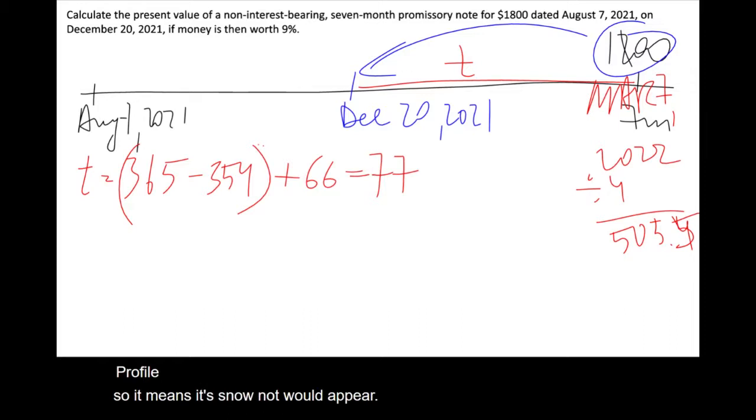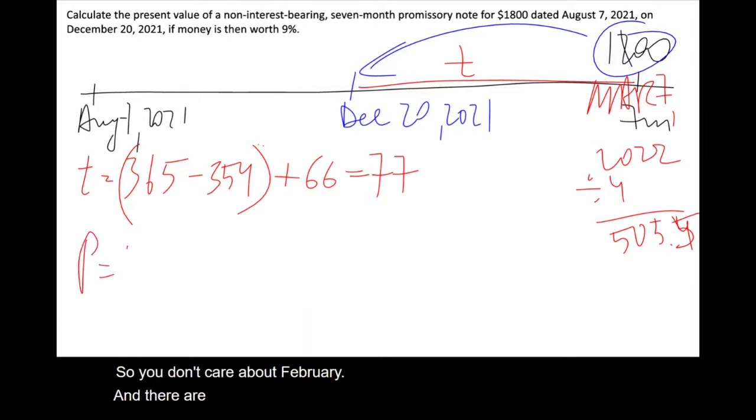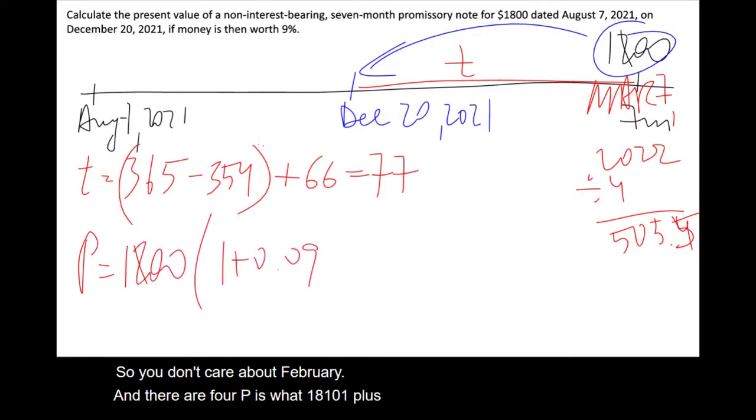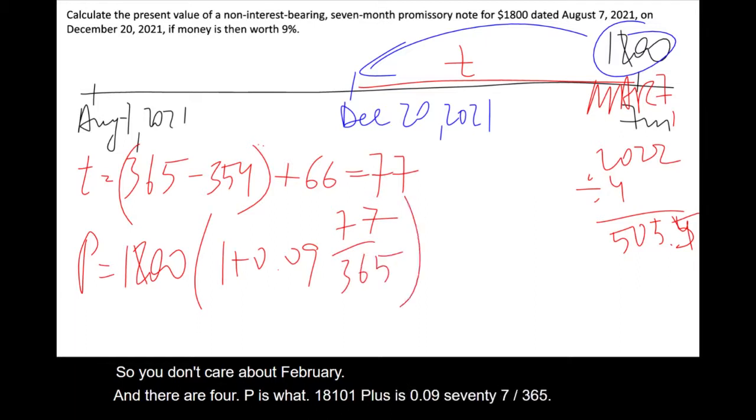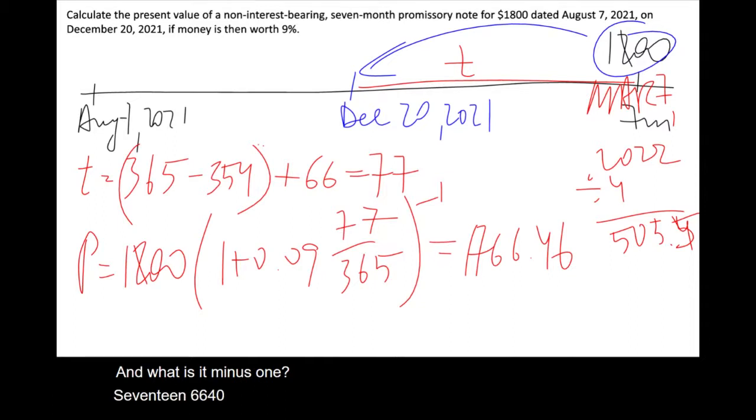So we don't care about February. And therefore, P is 1800, 1 plus 0.09, 77 over 365. And what is it? Minus 1. 1766.46. That is the answer.